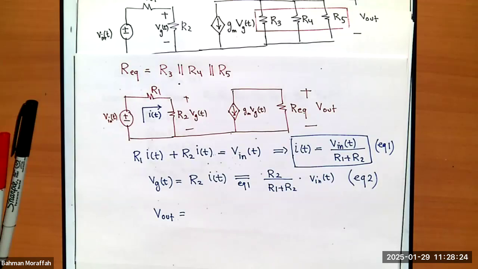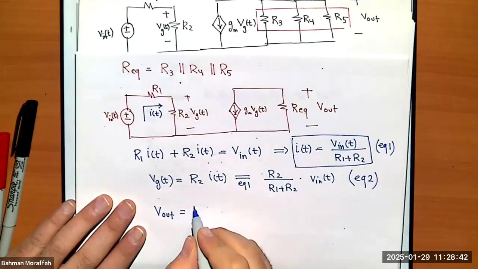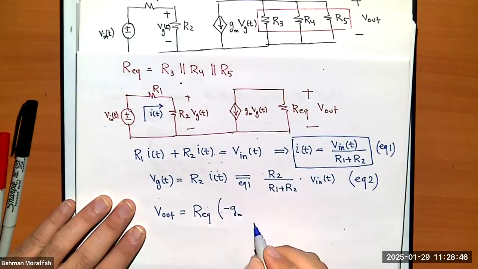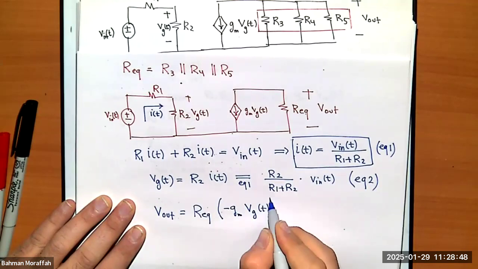So what is the current through it then, given this polarity? Is it gm VG of t or negative gm VG of t? It's negative, right? So I have R equivalent times minus gm VG of t.